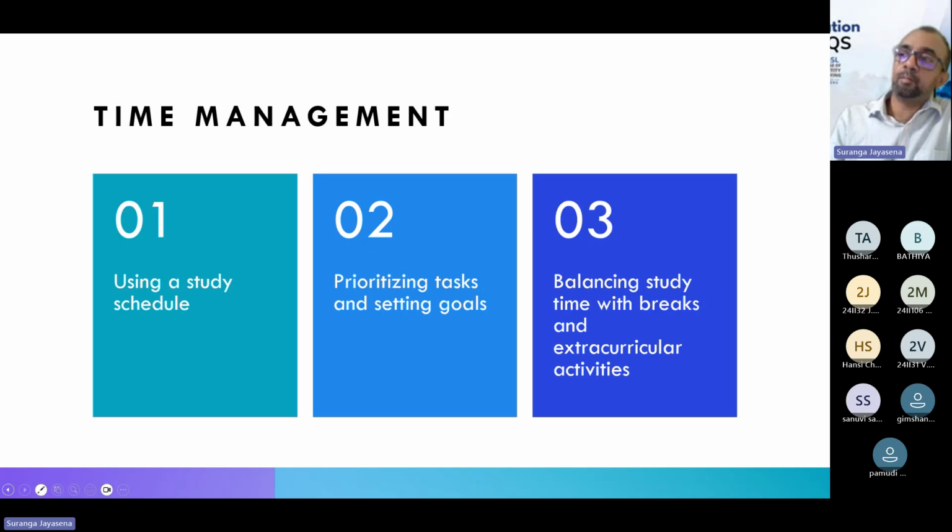Then prioritize your tasks and set your goals. When you're setting your goals, of course, you should have your overall goal of your future in your background, and also completing this HND at your best, while aligning with your own goals.